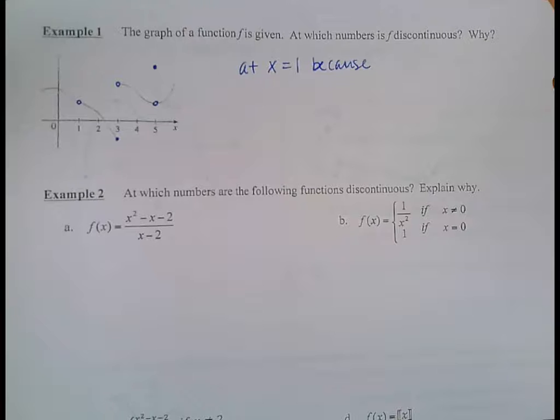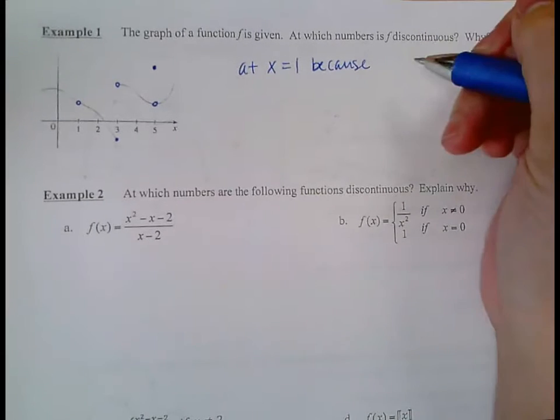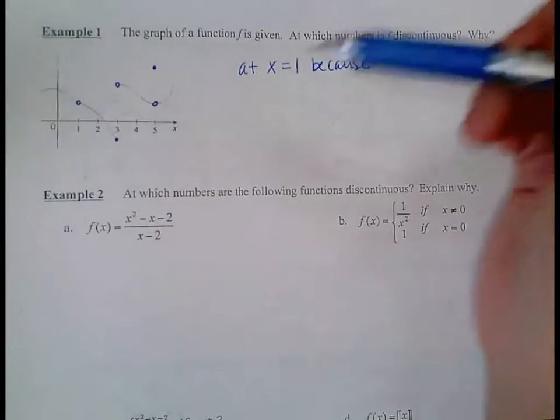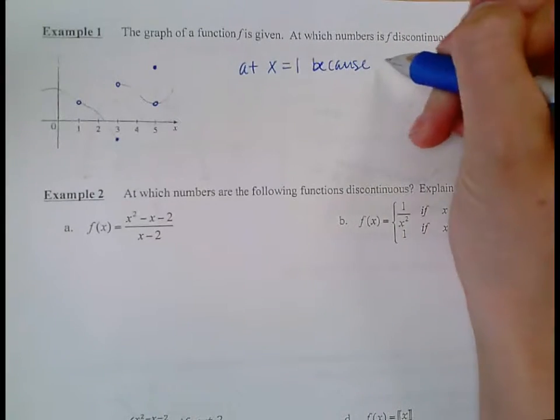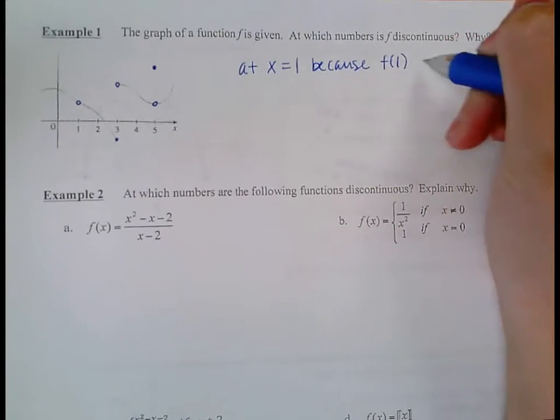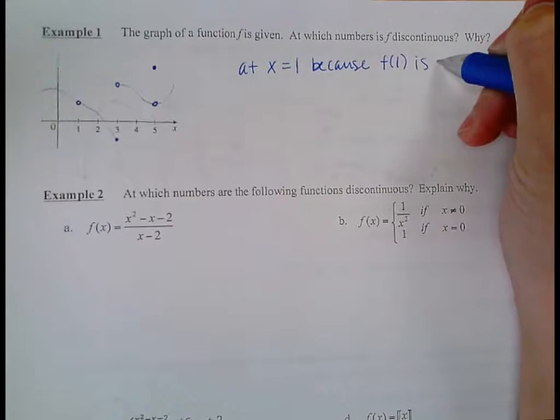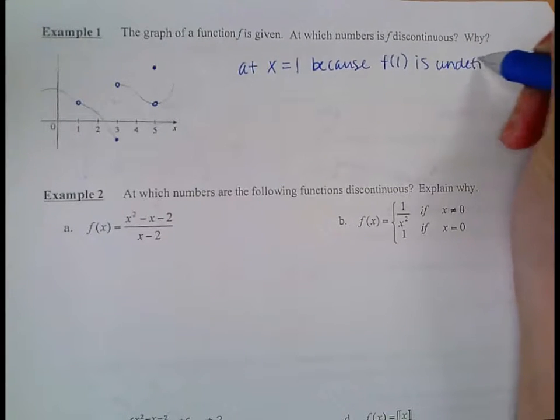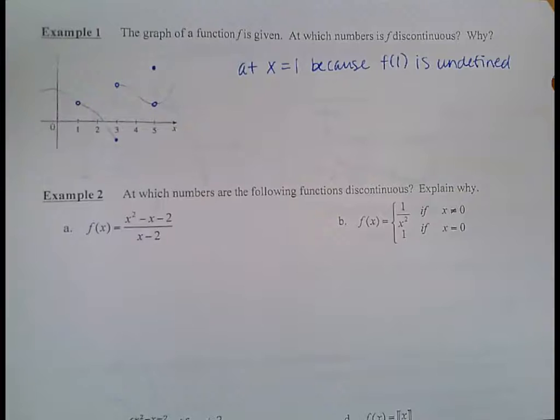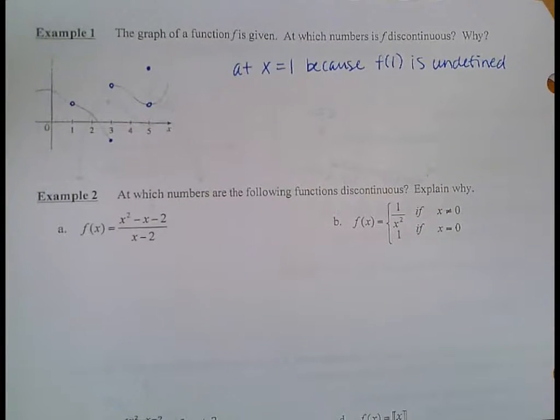Why is it discontinuous there? It's not defined at 1, yeah. So we can say it's discontinuous at x equals 1 because f of 1 is undefined. There's no function value at the x value 1.